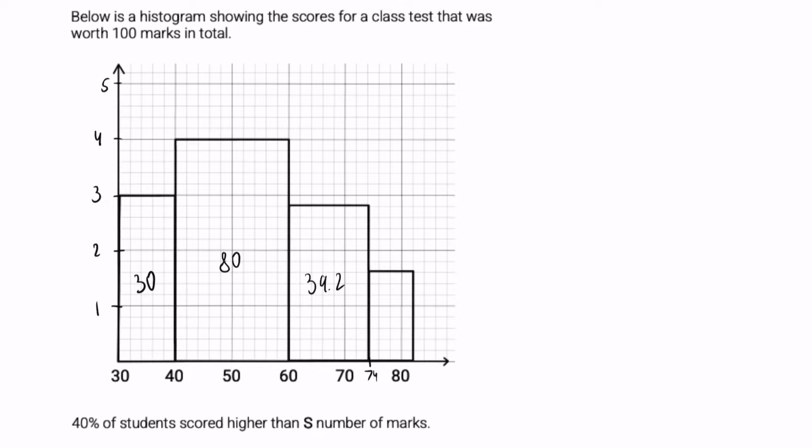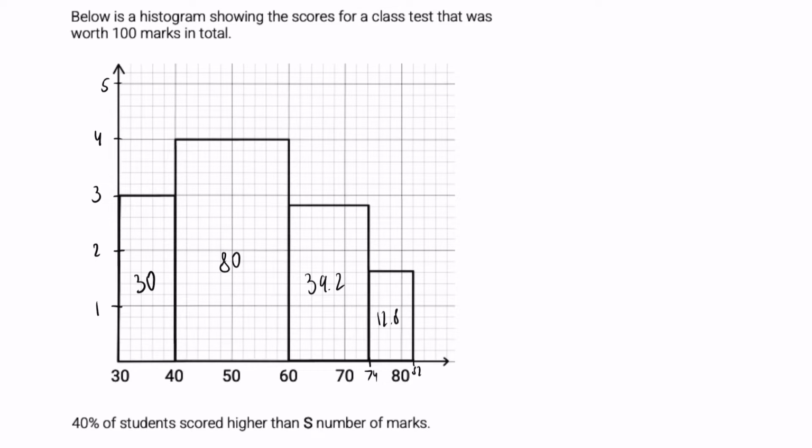Anyway, going next, in here we have 82. So all we have to do is 82 minus 74, which is 8, times 2 minus 0.4, that's 1.6, so 8 times 1.6 is 12.8 students in this bar.